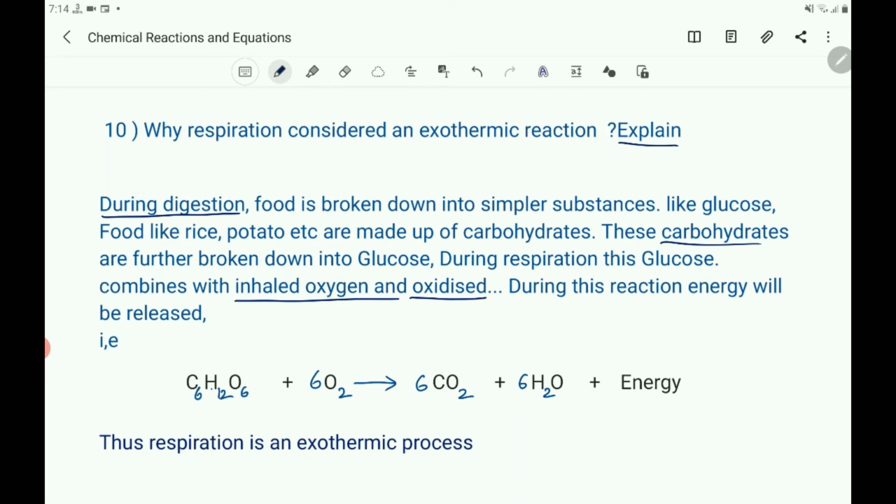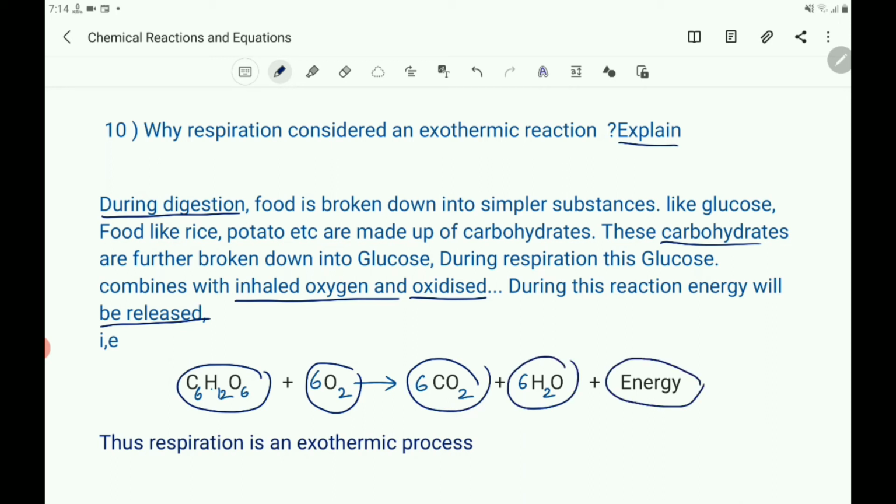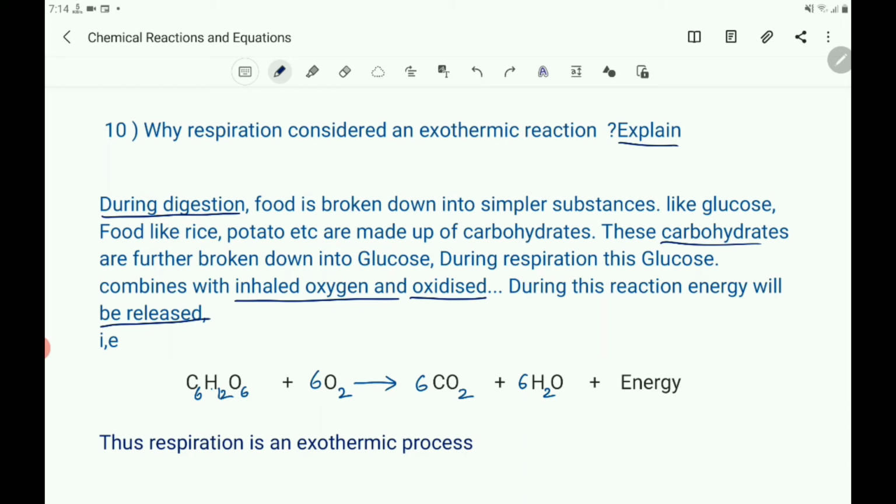During this reaction, energy will be released. See the reaction: glucose reacts with oxygen to produce carbon dioxide and water with the liberation of energy. As energy is liberated in this reaction, it is an exothermic process. Thus, respiration is an exothermic process. That is the answer here.